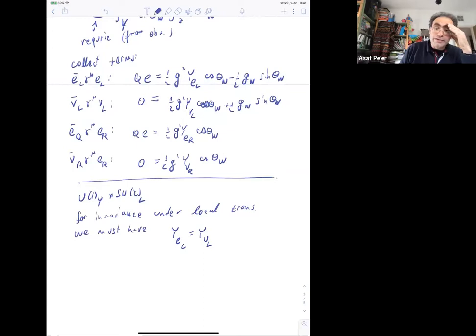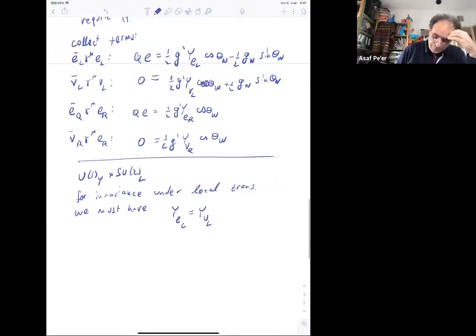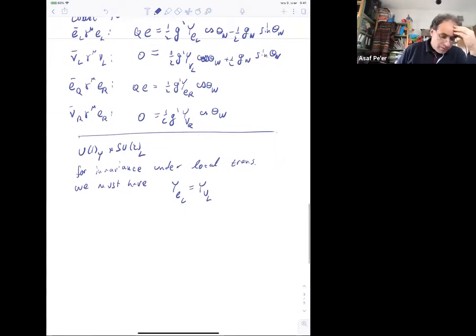Because otherwise, when we make the U1 Y gauge transformation, we get a phase difference between the two components of the doublet, which will break the SU2L. So this is a requirement.